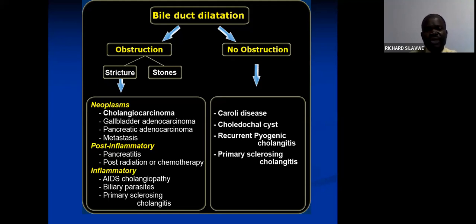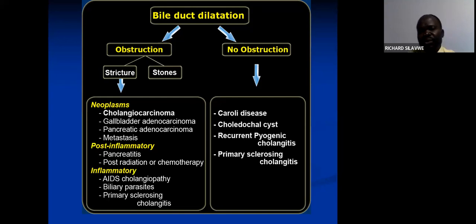When there is obstruction, you suspect neoplasm. These are cholangiocarcinoma, gallbladder adenocarcinoma, pancreatic adenocarcinoma, metastasis, or post-inflammatory pancreatitis, post-radiation or chemotherapy. Then inflammatory causes, you can find AIDS cholangiopathy, biliary parasites, primary sclerosing cholangitis.